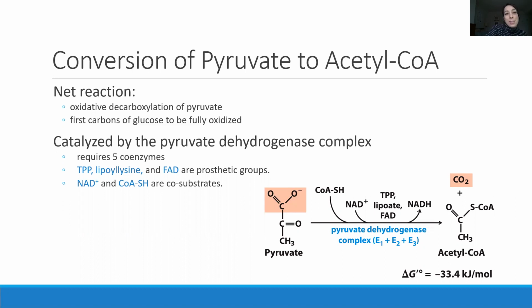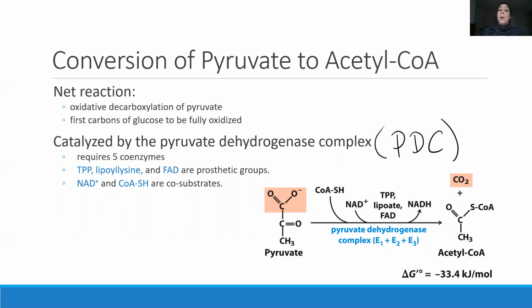So we will often abbreviate this as the PDC, pyruvate dehydrogenase complex. Again, as I noted, it requires 5 coenzymes. These are small molecules that are involved in the catalysis of pyruvate to acetyl-CoA.